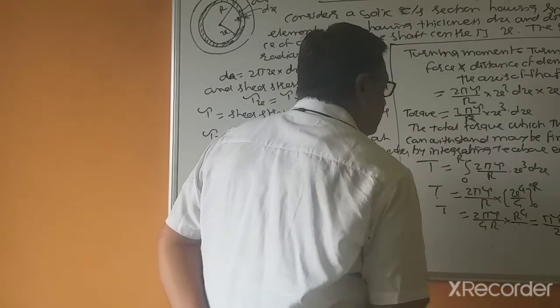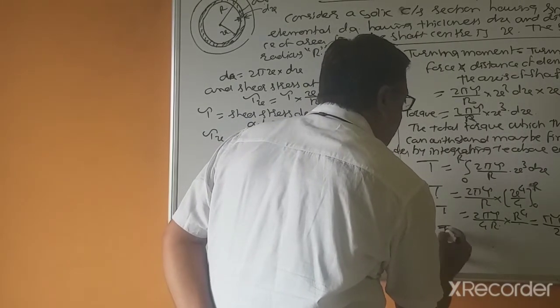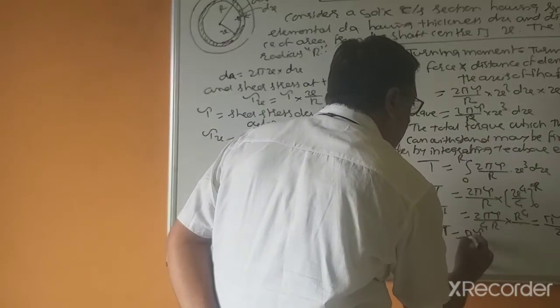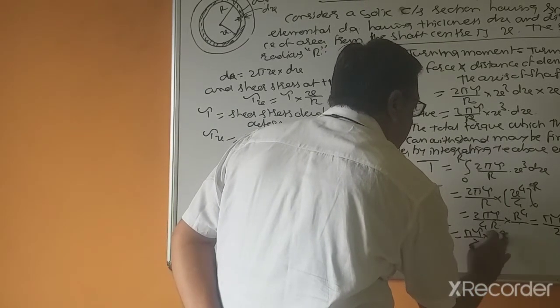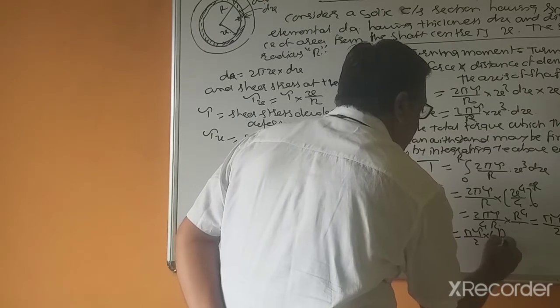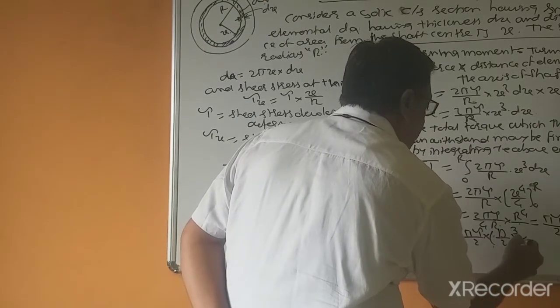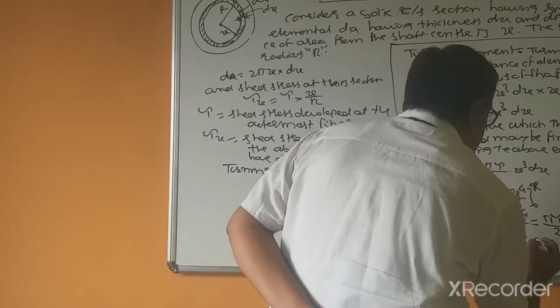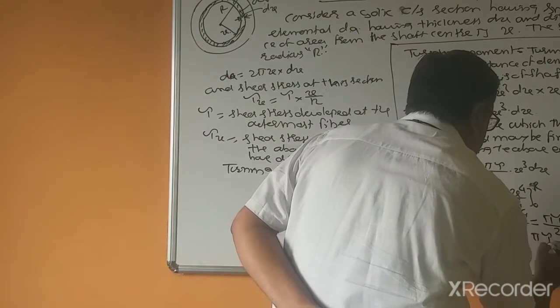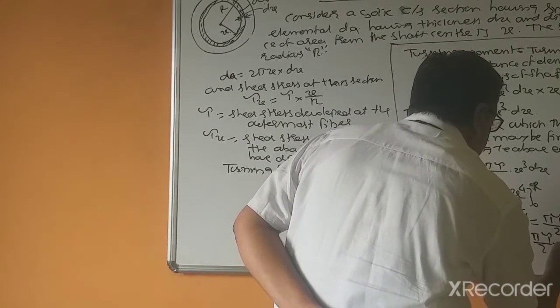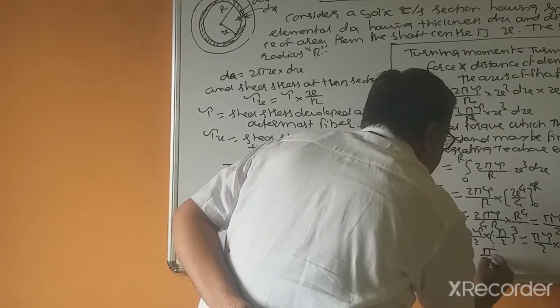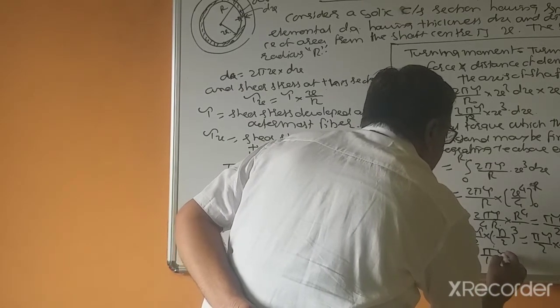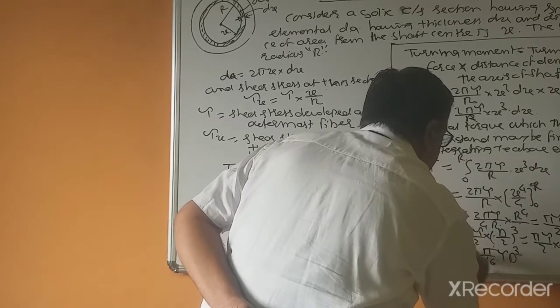Now putting R equal to D by 2, T equals pi tau divided by 2 into D cube divided by 8, or T equals pi by 16 tau D cube.